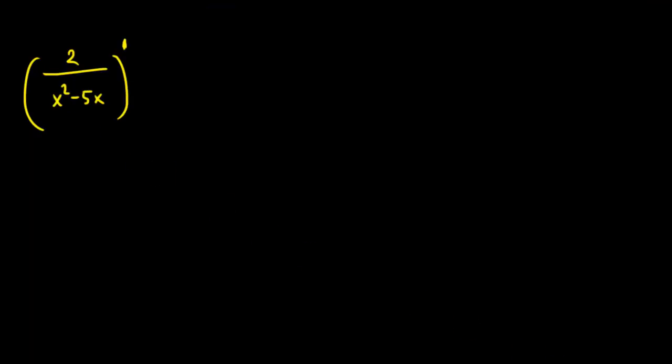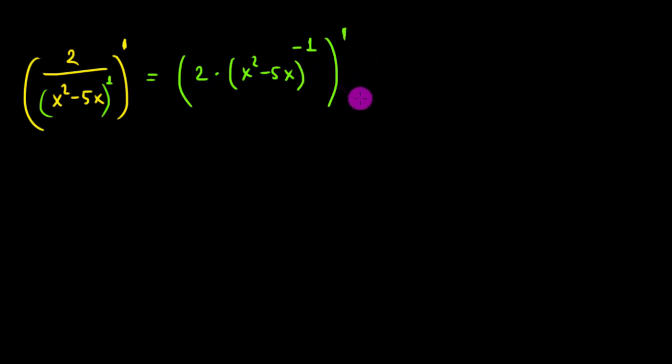Let's look at this example. Here the same idea: first you have to find the power of the function. This one is in the denominator, and the power seems to be just 1. You can write this as 2 times x squared minus 5x to the power of minus 1. Now you are going to find the derivative. Your coefficient is minus 1. Just to remember how to find this: n minus 1, and then you have to find the derivative of u.